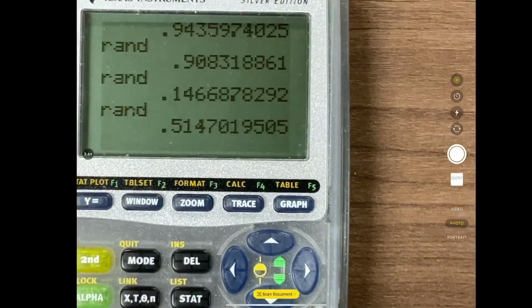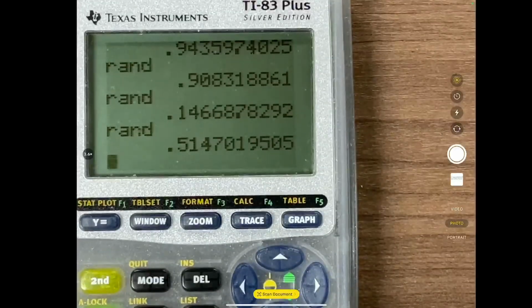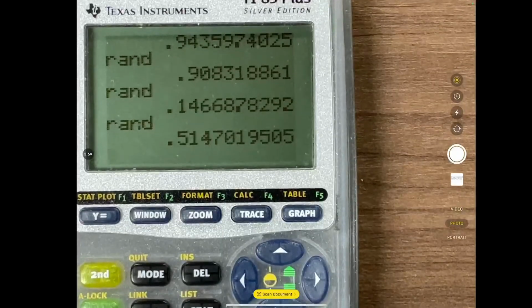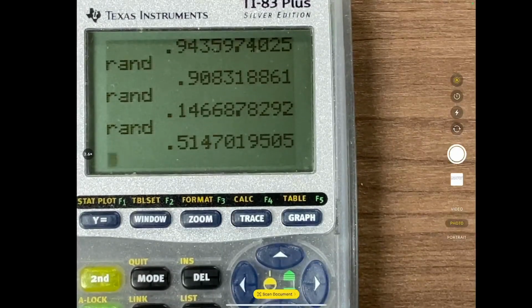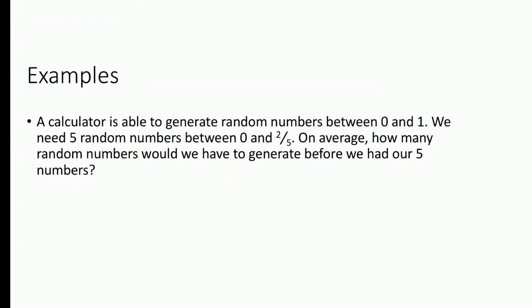So the question is, if I do this, how many times should I expect to have to do this before I have 5 numbers that are between 0 and 2/5? So currently I have 1 number between 0 and 2/5. 2/5, by the way, is 0.4. So I'll keep going. So I've got 1.